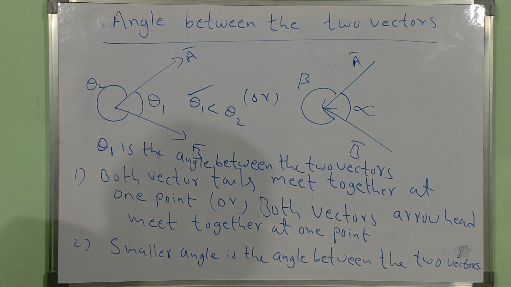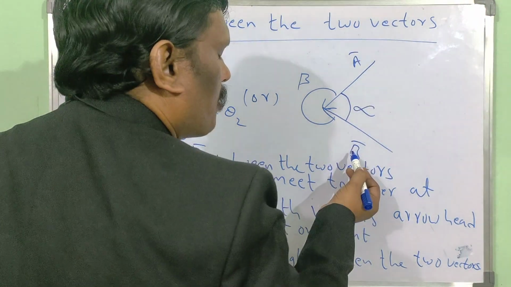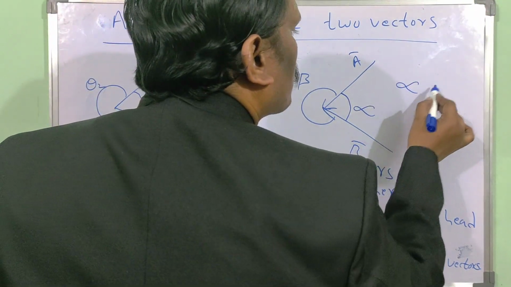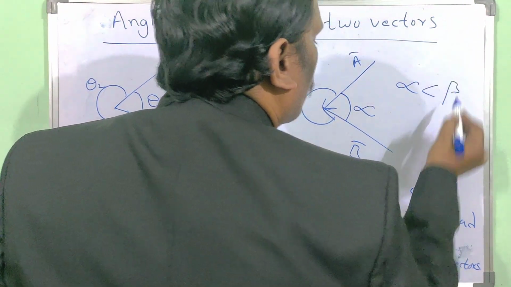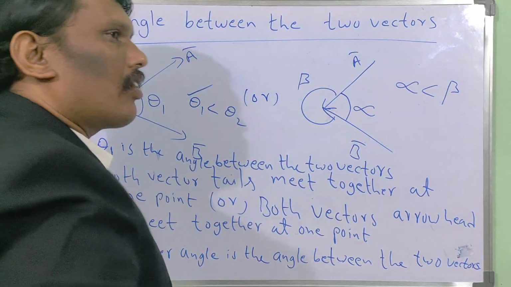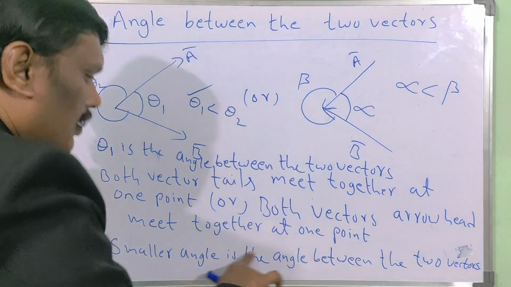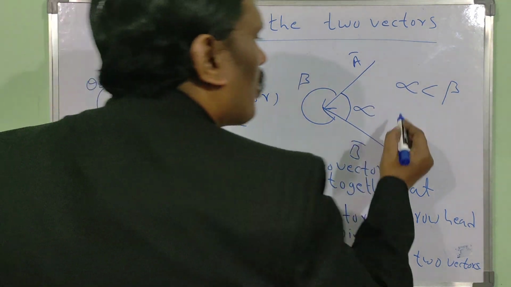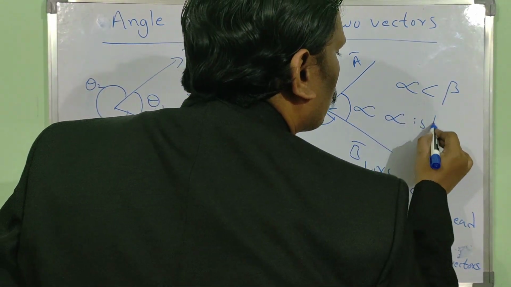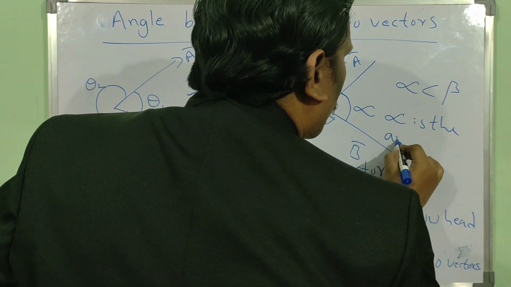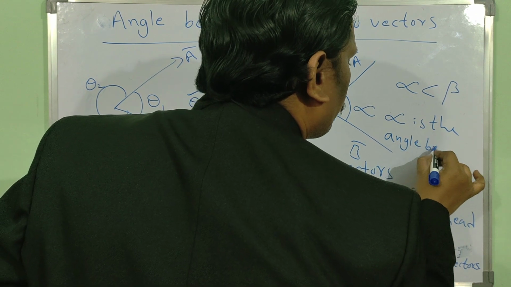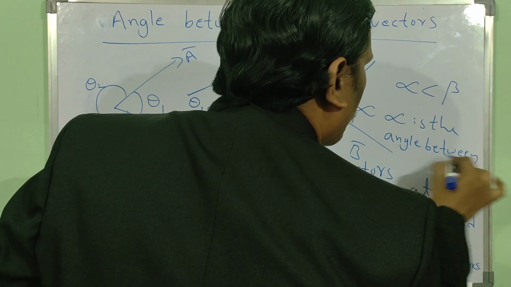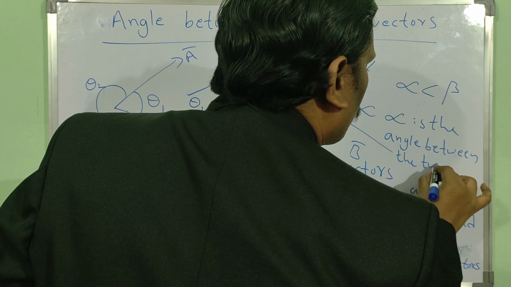Which one is the smaller angle between A bar and B bar? Alpha. So alpha is the smaller angle compared to beta. Smaller angle is the angle between the two vectors. That's why alpha is the angle between the two vectors.